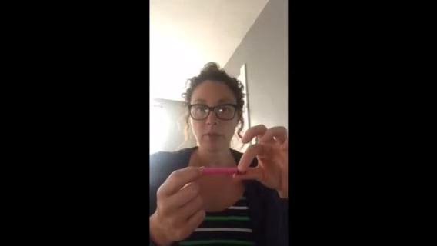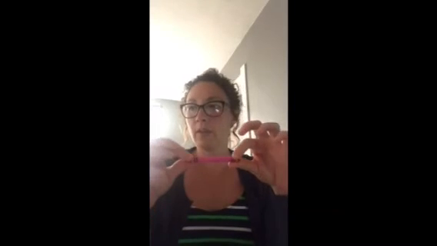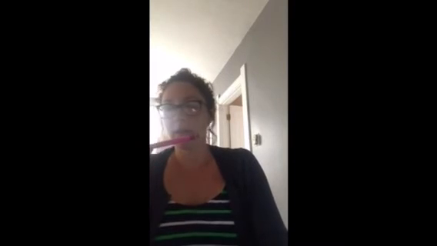So let's pretend that these two lines, this one here and this one here, are the sarcomere, which would be inside of here. This is the Z line and this is the Z line. And one end is the thick filament, which is the myosin, and the other end is the thin filament, which is the actin. So all of these go inside of the muscle fiber.